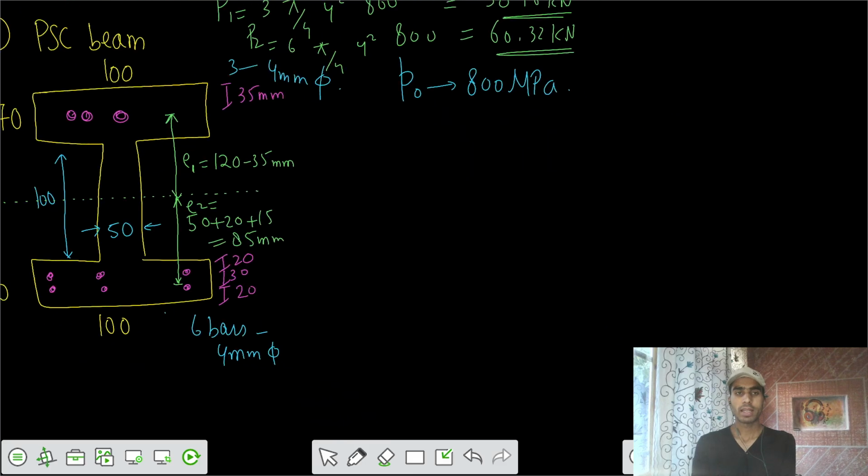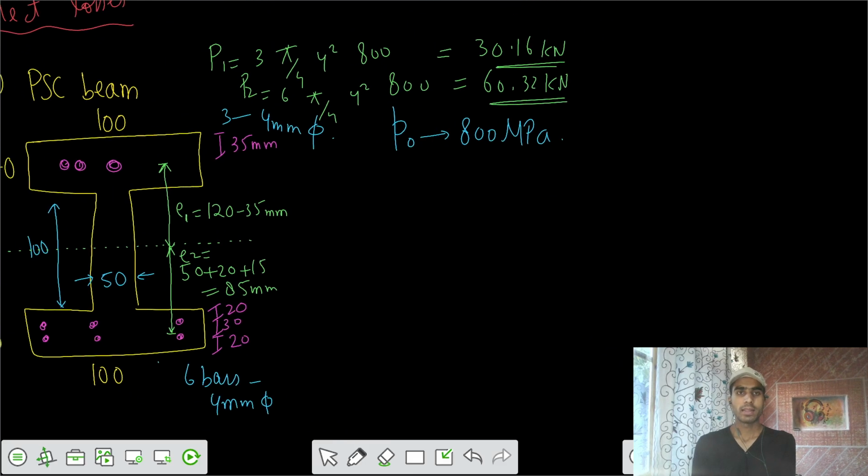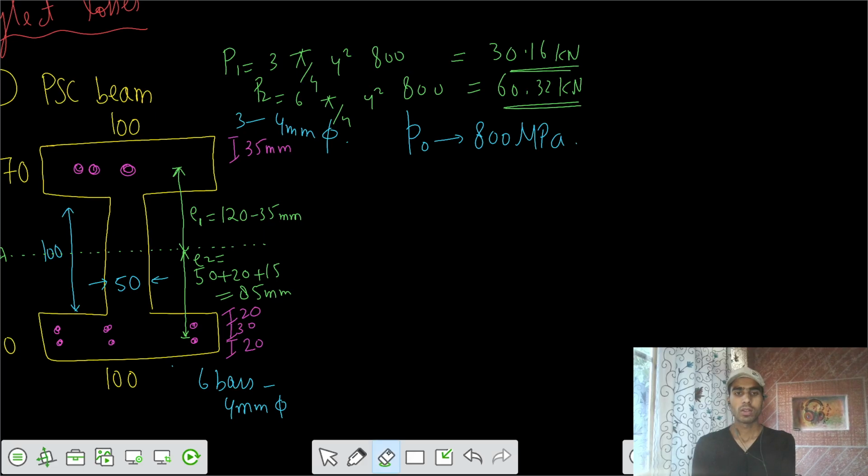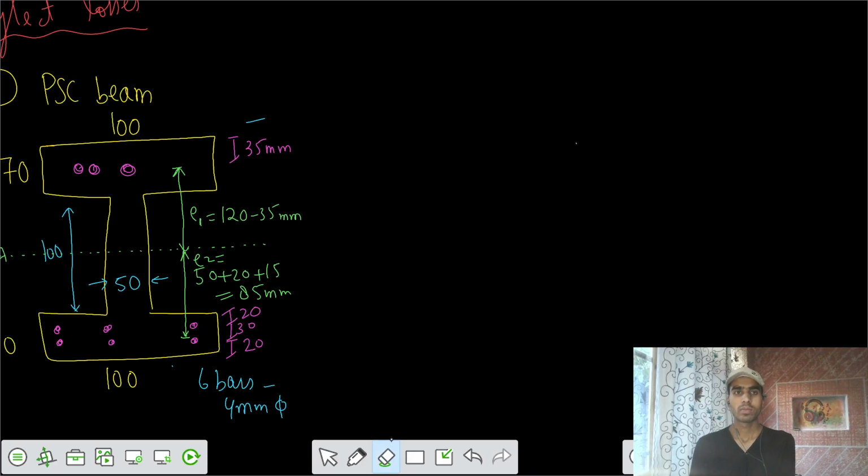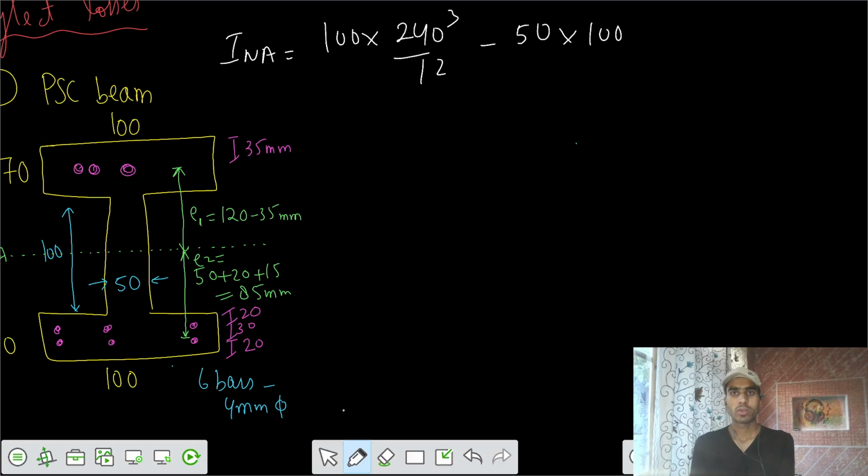So I have to take the final stage corresponding to no losses, and thereby we can solve this problem. First I can solve the moment of inertia about the neutral axis: 100 into 100 plus 2 into 140, that's 240 cube by 12, minus the smaller rectangle of dimensions 50 into 100 cube by 12. This is your INA, that's 111.03 into 10 to the power 6 mm to the power 4.